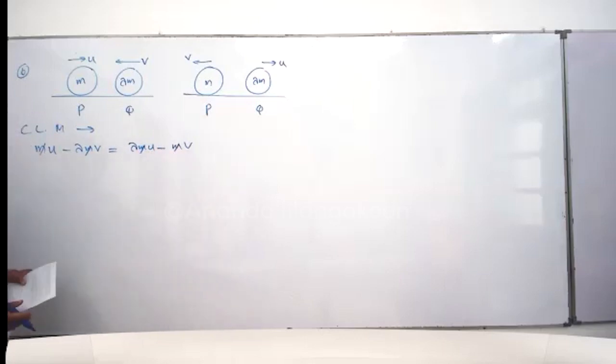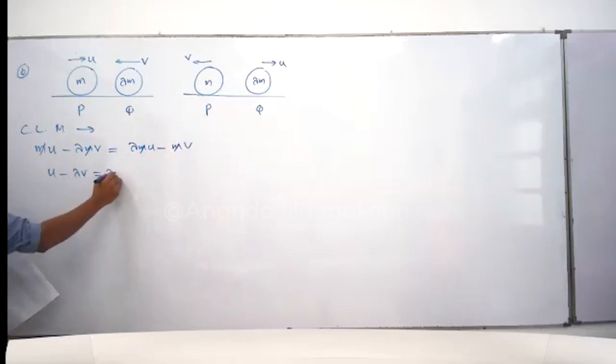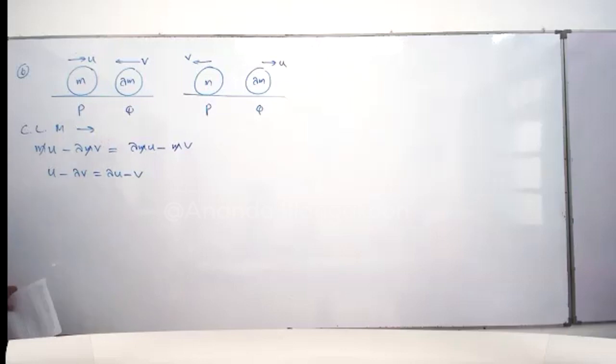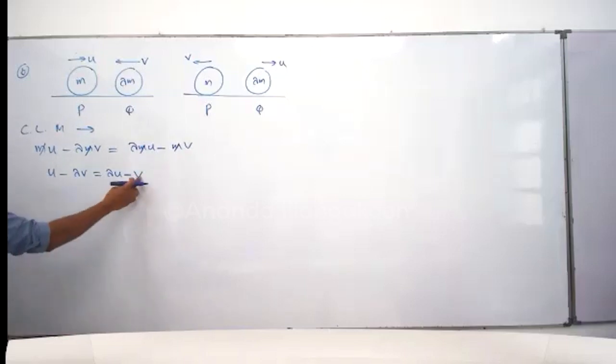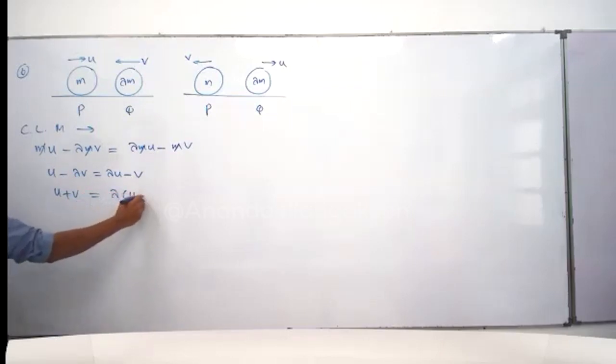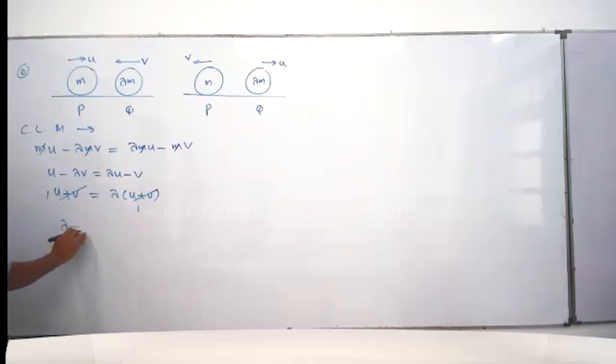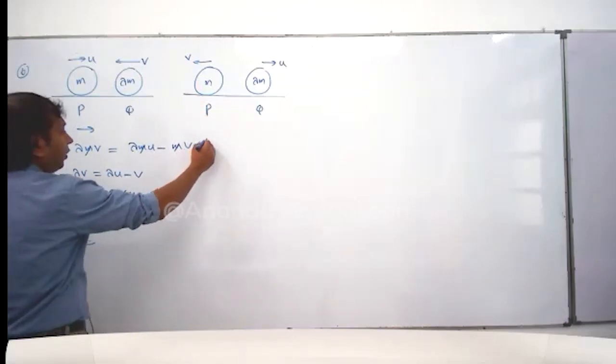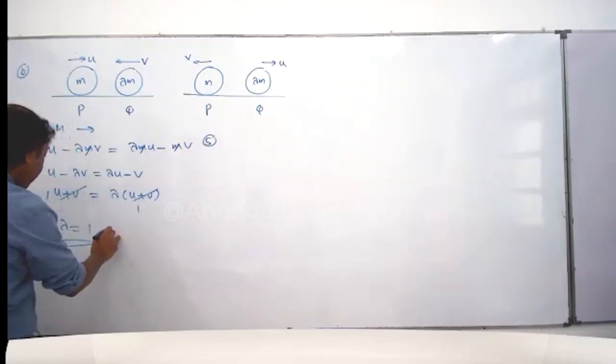Then u minus lambda v equals lambda u minus v. So we have the equation. Then take this to this side, people, u plus v, take lambda out, u plus v, this we can cancel down with this, lambda equals 1 coming directly. That's a very easy answer. Then applying the conservation of linear momentum 5 marks, simplifying and taking this 5 marks.